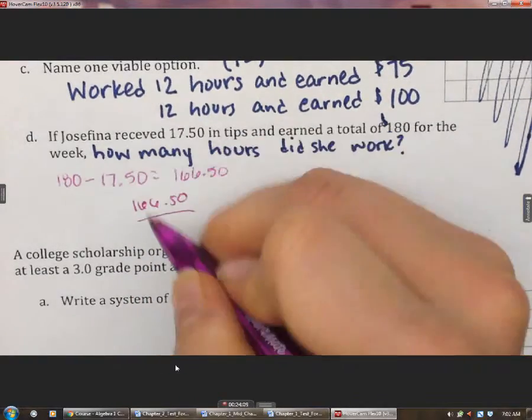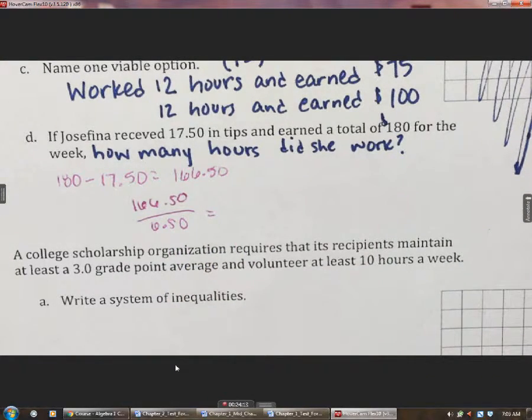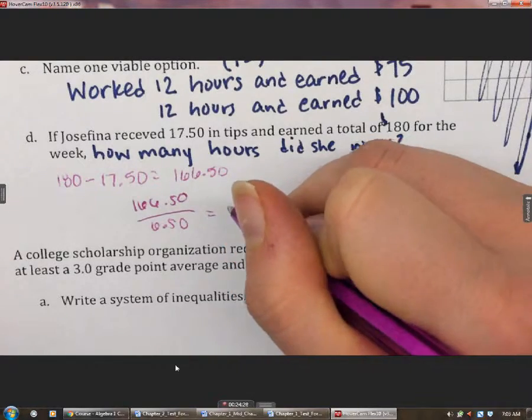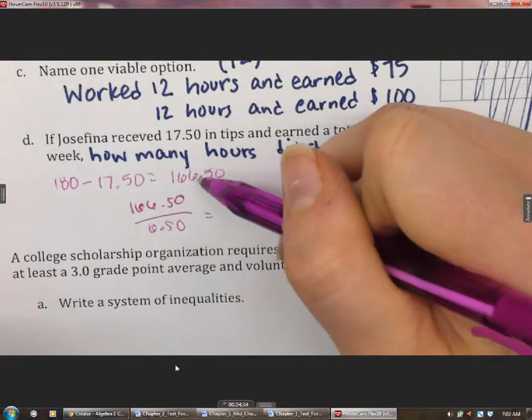Divided by, she makes $6.50 an hour. I need a calculator for that one. It's not a very nice decimal, oh, that's why, because I couldn't do my math up here.